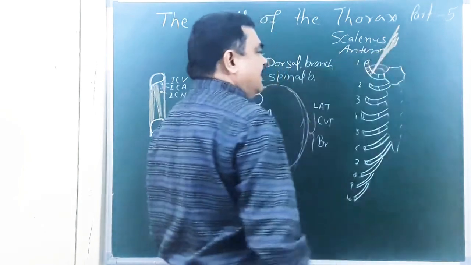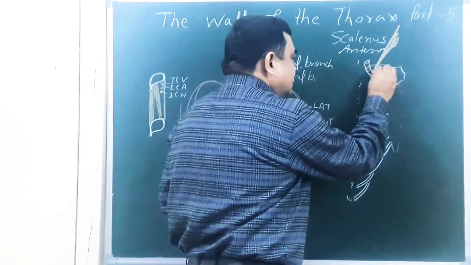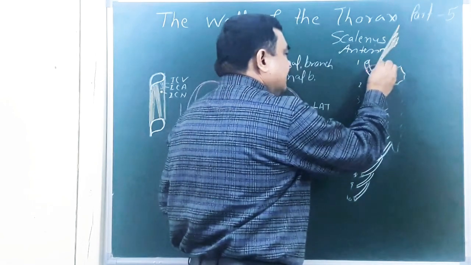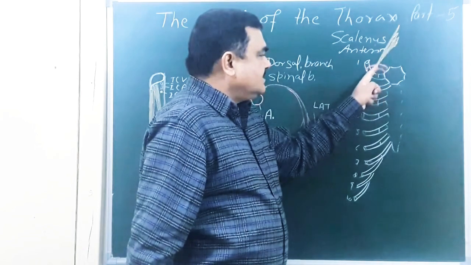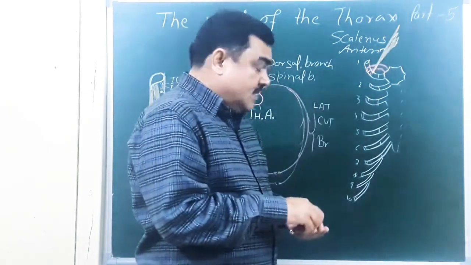Here you can see this is the subclavian artery. This subclavian artery is divided into three parts, first, second and third part, by the scalenus anterior muscle.